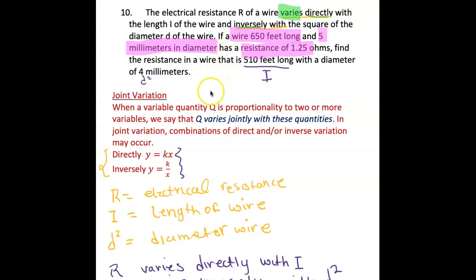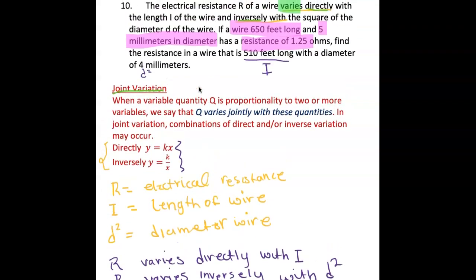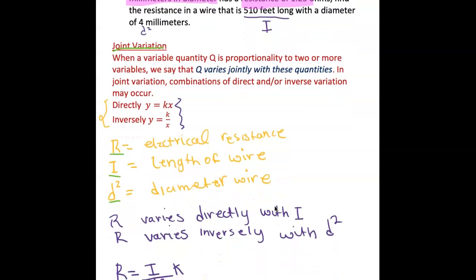Once we have realized that we are dealing with a joint variation, which is two working together, we go ahead and identify our variables. We are dealing with 3 different variables. What does each variable mean? Cool. Once we have that, let's figure out which variable varies with which.